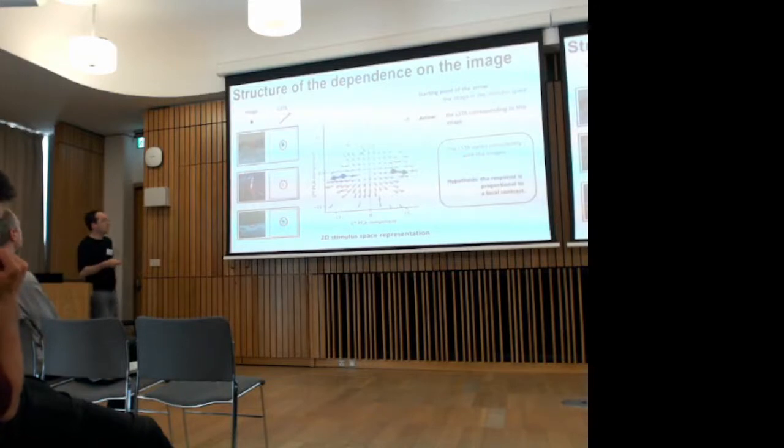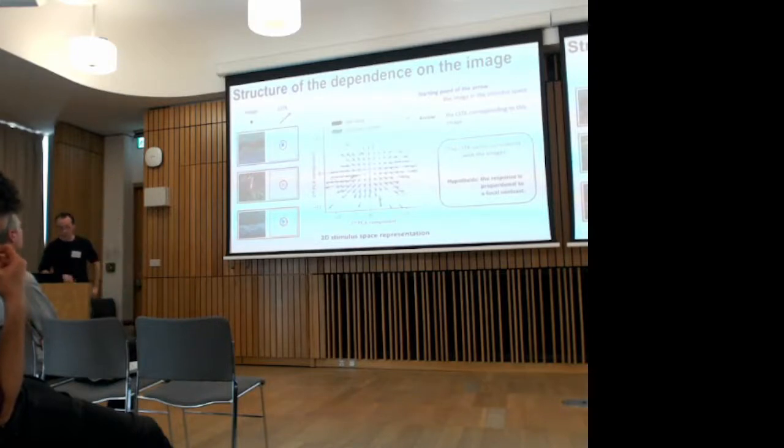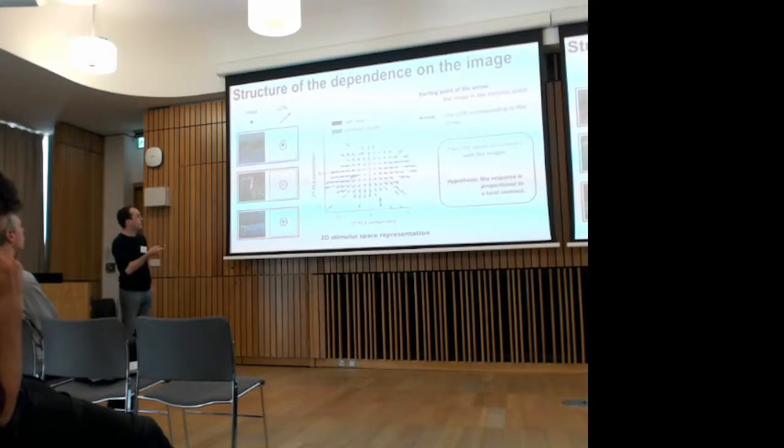Okay, so the hypothesis from there was that the response is proportional to local contrast. So we built this very simple contrast model. As I said, you just take the squared difference between each pixel and gray, and then average over the receptive field. It has a very small number of parameters. And we asked if that model could reproduce the vector field, and at least quantitatively, it does a pretty good job.